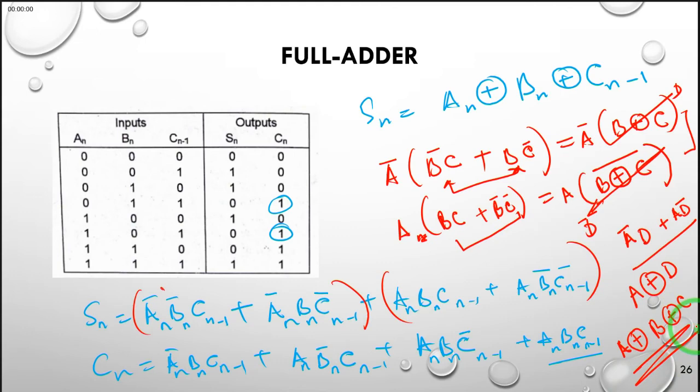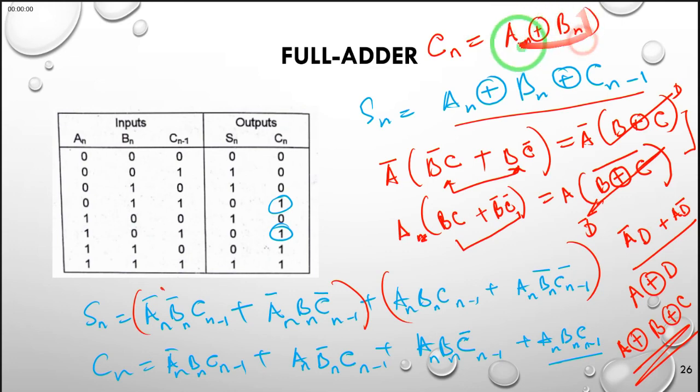That is what I am saying here, that the sum will take this form, and our carry Cn, if you follow a similar simplification method, can be expressed as An XOR Bn into bracket Cn minus 1, or An Bn.